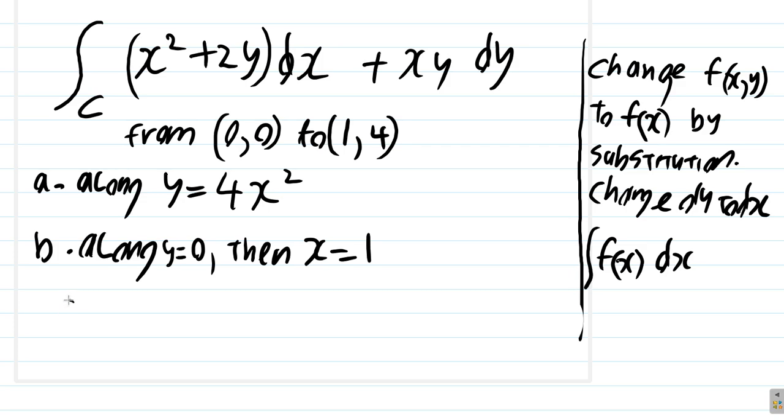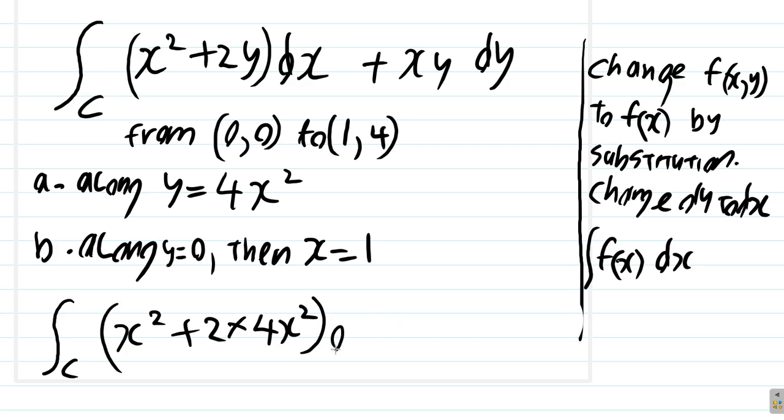Here we're integrating along the curve of x squared plus 2y, but hold on, we're going to change a function of x and y to a function of x only by substitution. Here we see that y is 4x squared, so that's what we're going to substitute. So instead of 2 times y, we have 2 times 4x squared dx plus xy.